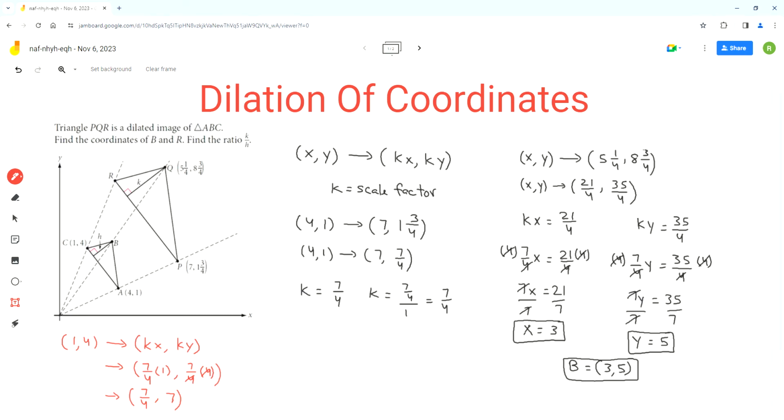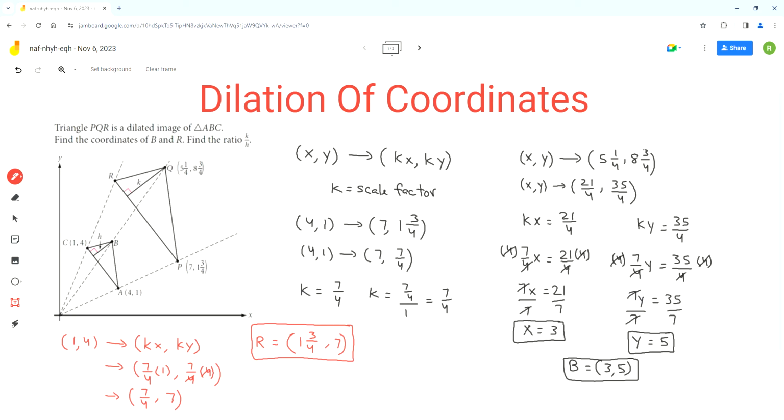We know 4 goes into 7 once and the remainder is 3. So we can write the coordinates of point R as (1 3/4, 7). This should be the final answer for the coordinates of point R.